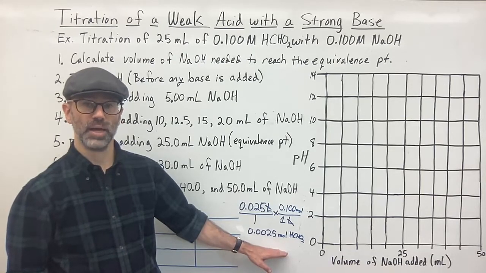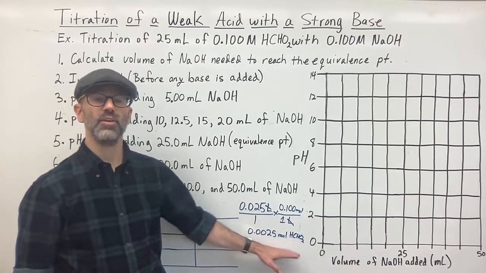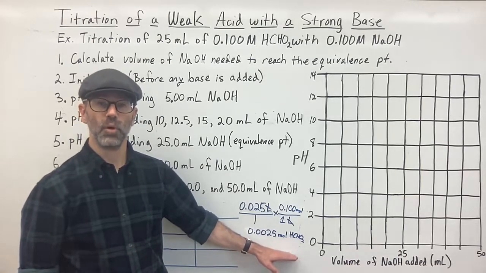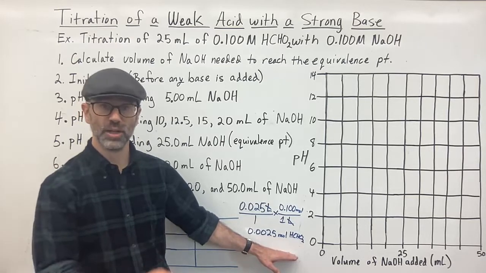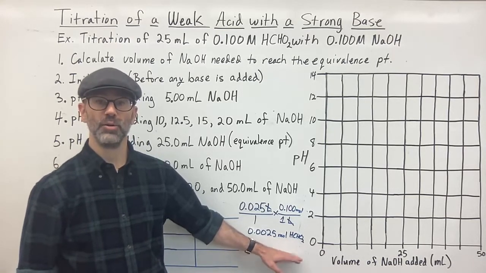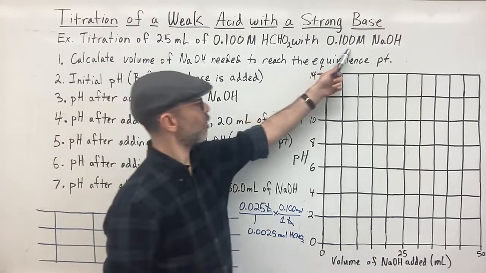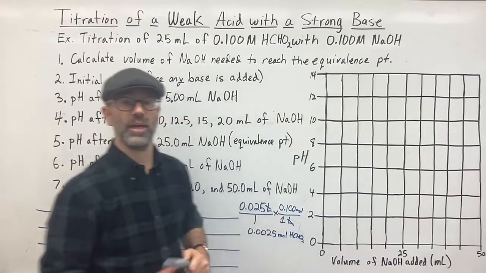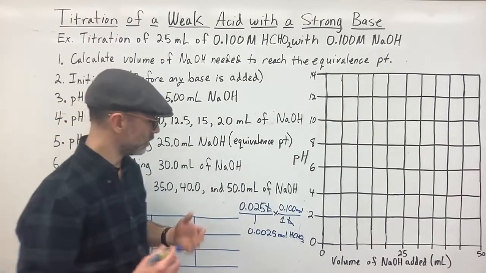So this is the number of moles that we have in our Erlenmeyer flask that needs to be neutralized by the strong base. Now that we know the number of moles, this is going to be the same number of moles of base that we need to add in order to neutralize this number of moles of the acid. So now all we need to do is use the molarity of our base, and we're going to find the number of milliliters or liters.